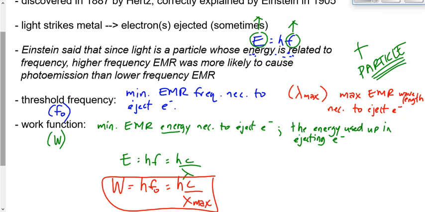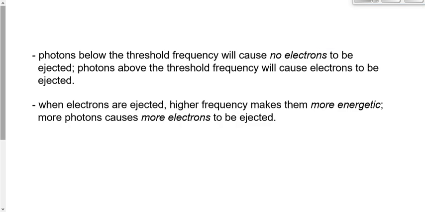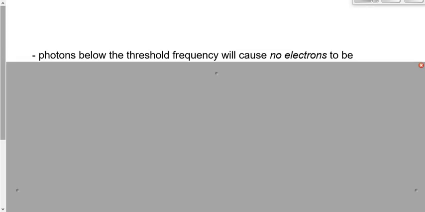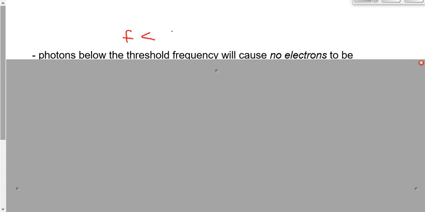Now let's relate what we were talking about before to these two terms that we just learned about. Photons, particles of light, quanta of energy that are below the threshold frequency will cause nothing to happen. If the frequency is below the threshold frequency, nothing happens.